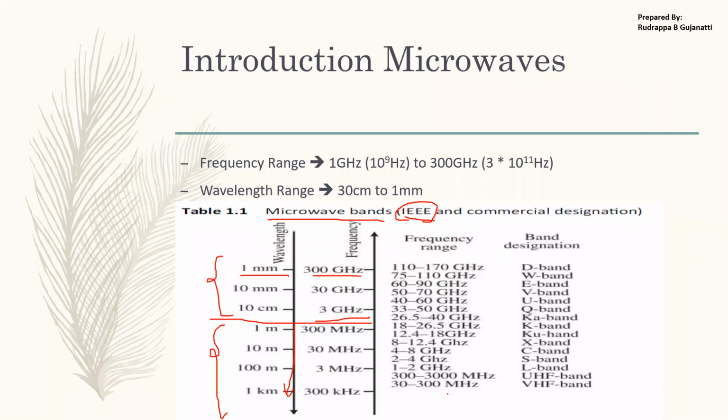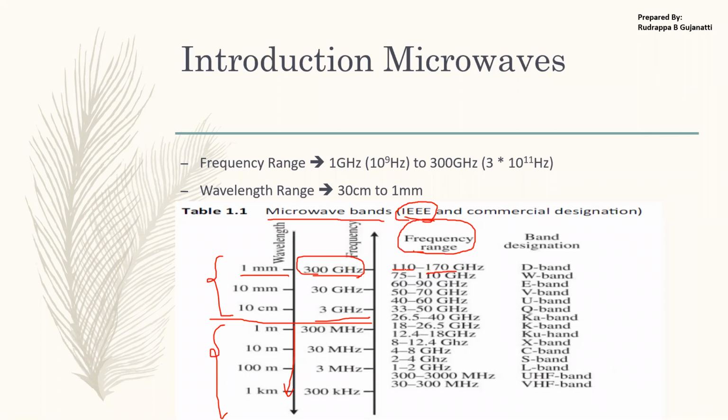So if I just consider, let's say, 300 gigahertz, the bandwidth present in this case will be in the range of 110 to 170 gigahertz. So frequency is 300, but the bandwidth will be ranging from 110 to 170 gigahertz.